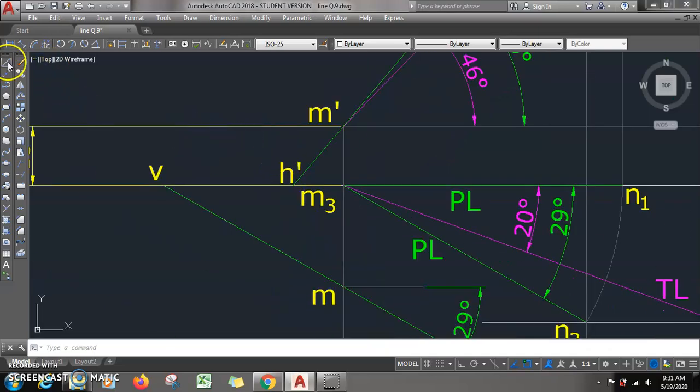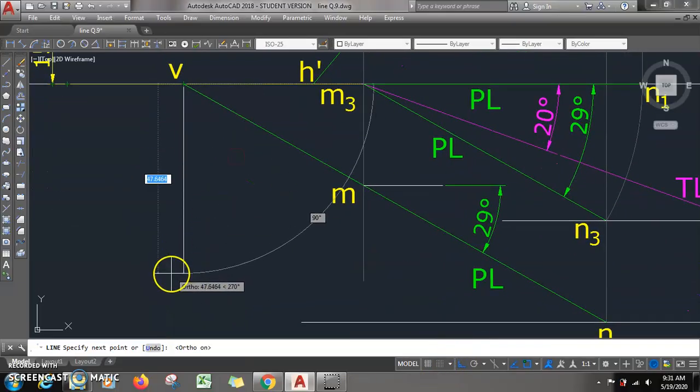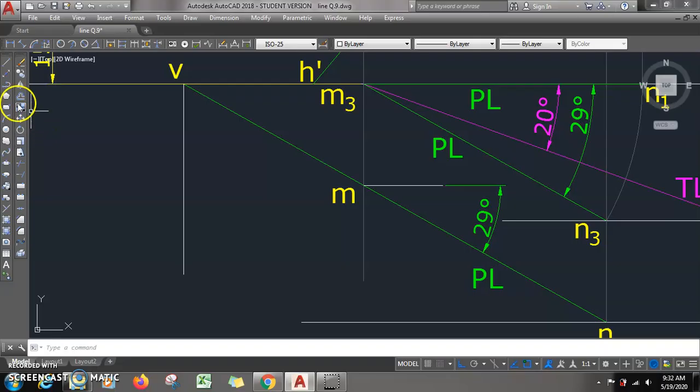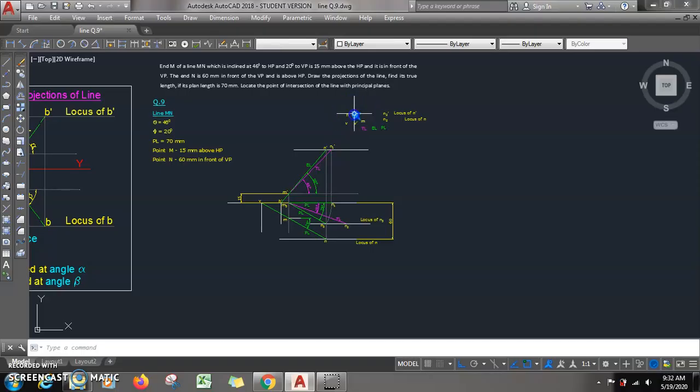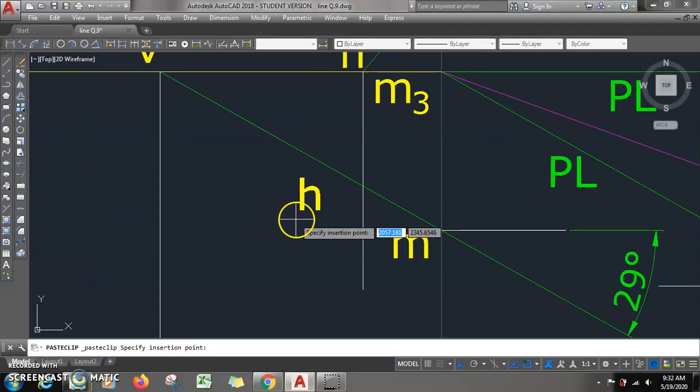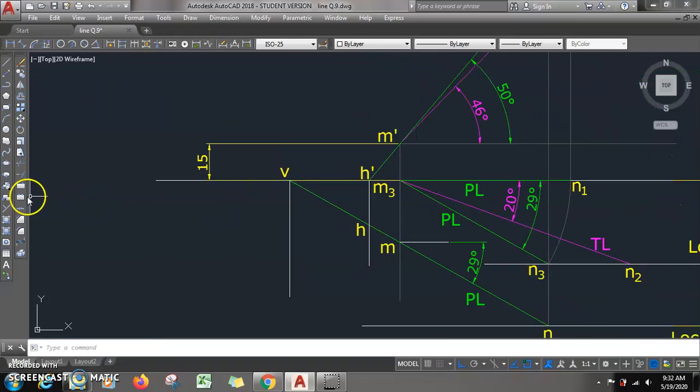So from point V, I will draw vertical. Okay, from H dash we draw vertical. So this point becomes H. And what we need to do is extend up to this line.